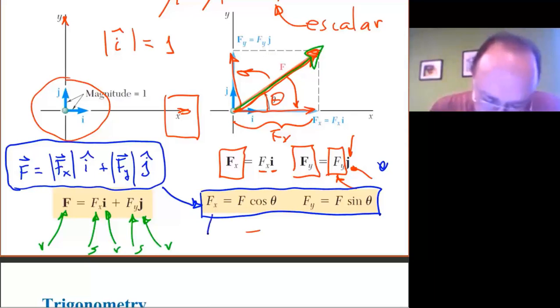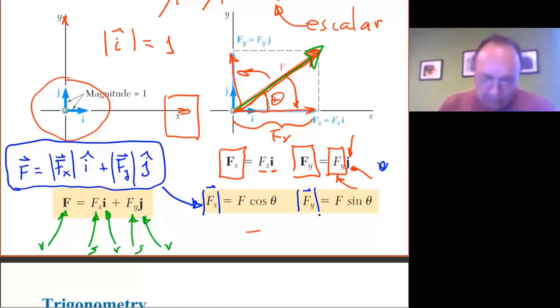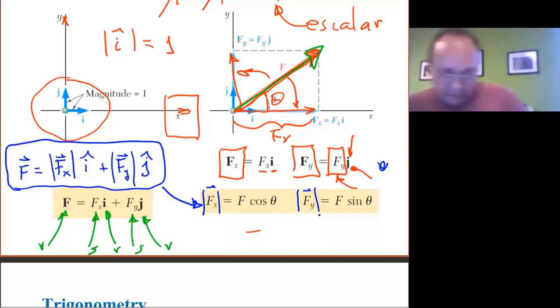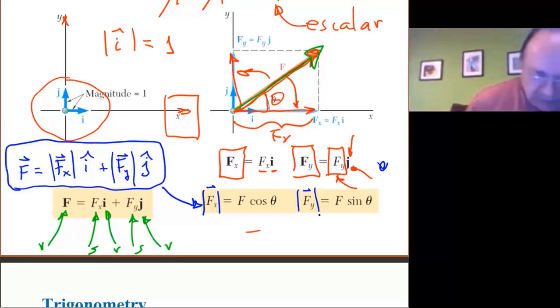If you want to be even more specific, then I will add here vector. Yes, magnitude of vector fx, magnitude of vector fy. All right. I am putting too many words in this, which is actually a simple concept.